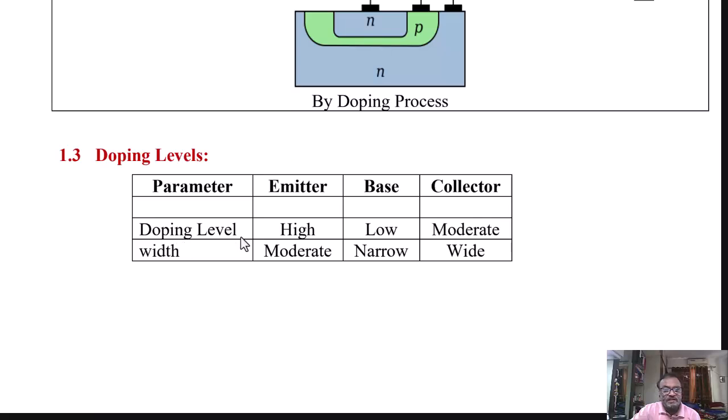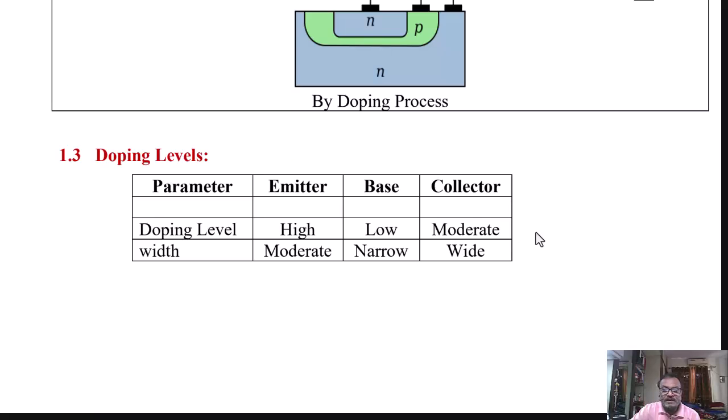The doping level of the emitter is kept highest. If we consider the NPN transistor, then the emitter is N-type and its doping concentration is kept high. The doping concentration is kept low for the base region, and for the collector region, the doping level will be moderate.